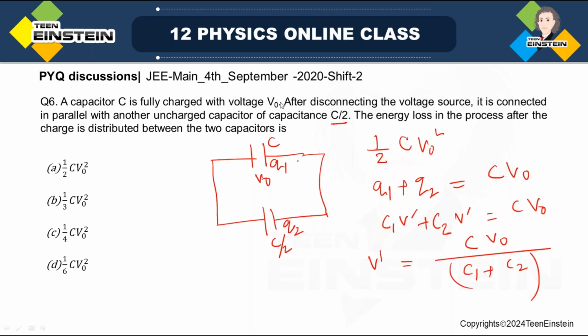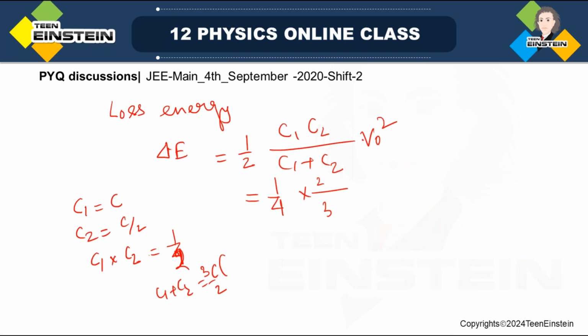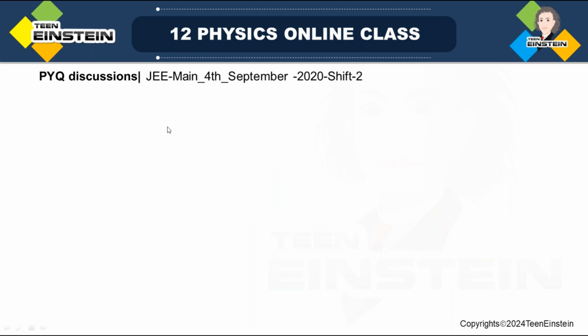Okay, what is the loss in potential energy? So we'll be able to use the formula directly, or otherwise we can do it step by step. I think I have written the same formula, the correct formula only. Let me just do this calculation once again.